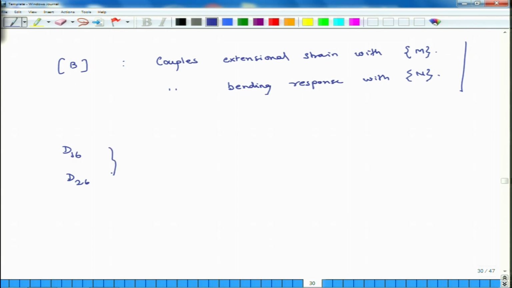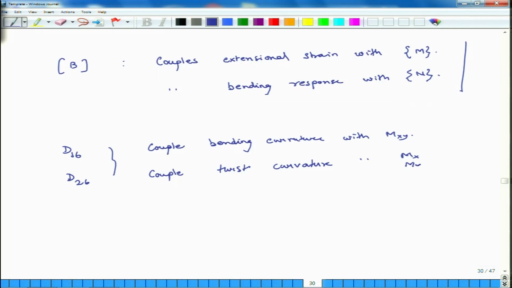Both these terms couple bending curvature with MXY. MXY is a twisting moment. Okay. So, they couple bending curvature with MXY, and they also couple twist curvature with MX and MY. So, what does this mean?